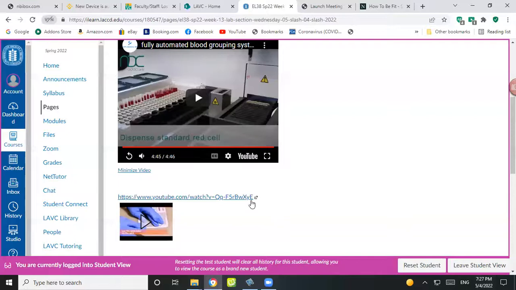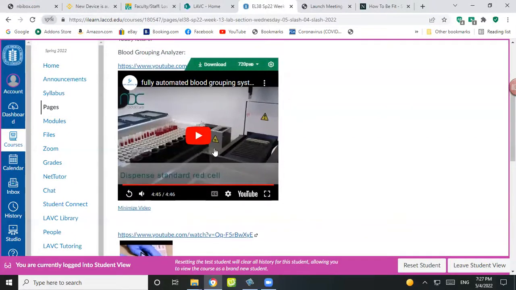Okay, so this is pretty useful. It's pretty fast now. I'm not sure how many hospitals in the U.S. use this type of blood grouping test, because I think if they don't have high volumes of blood donations, they're not going to use it.